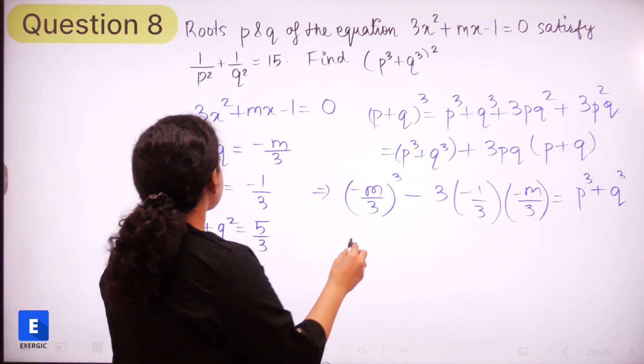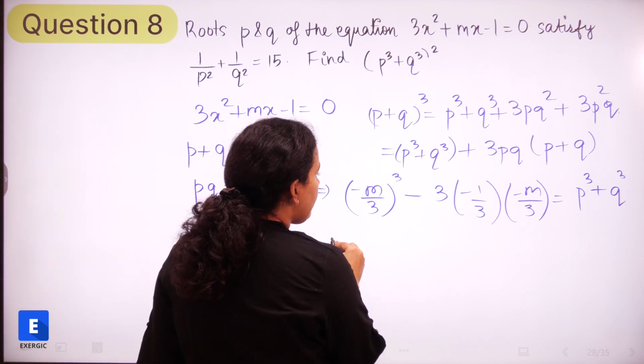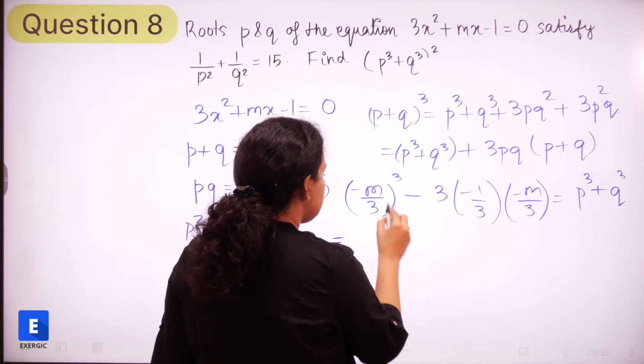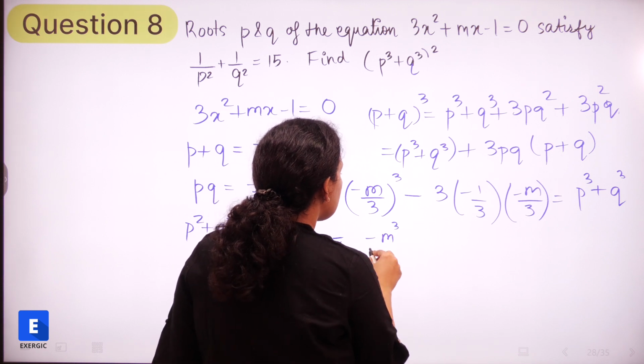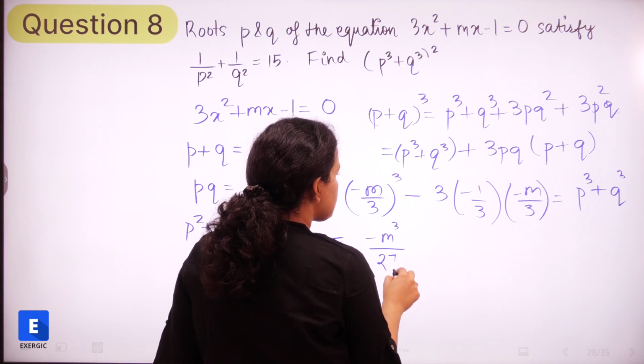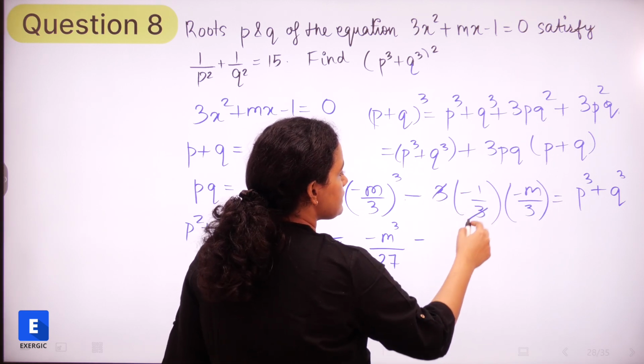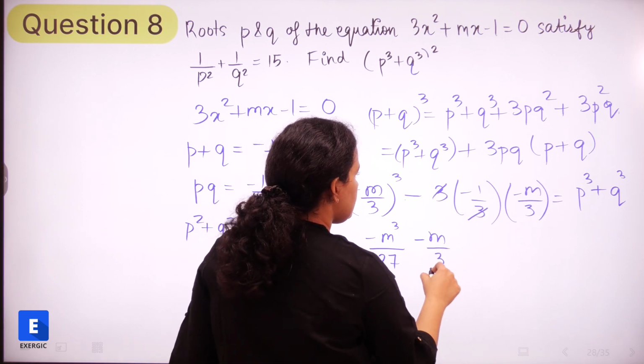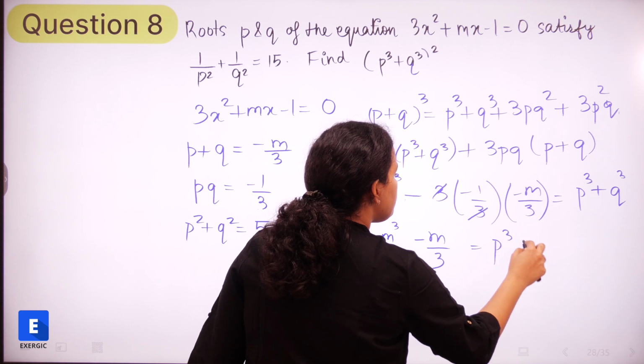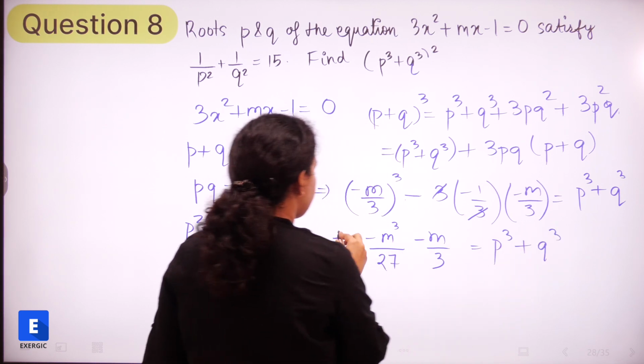Right? So we will be having something like minus m cube by 3 cube, 3 cube is 27. This minus minus becomes a plus, but we also have a minus. 3 gets cancelled, m by 3. This is my p cube plus q cube.